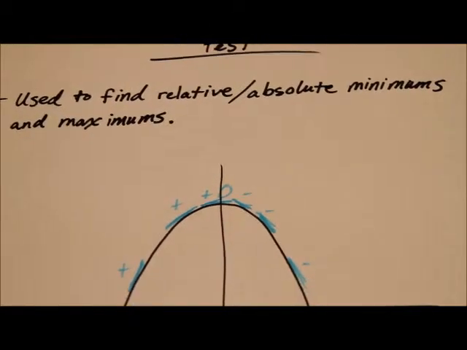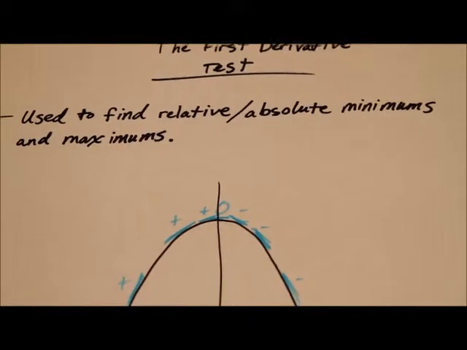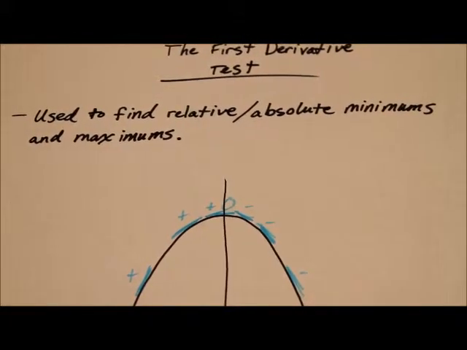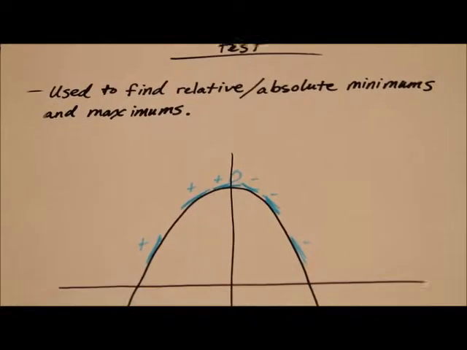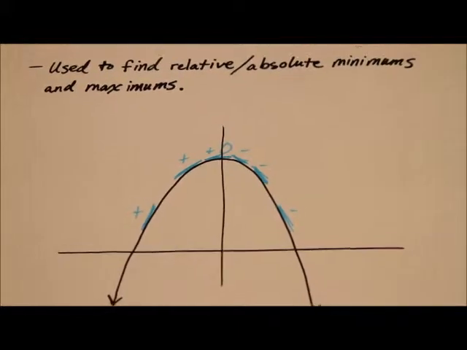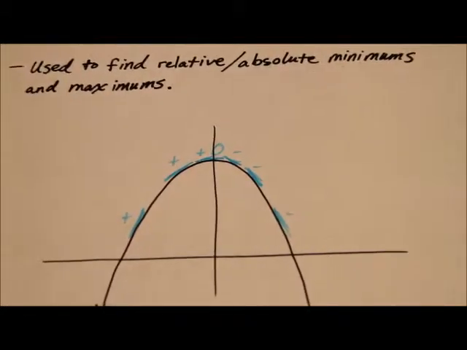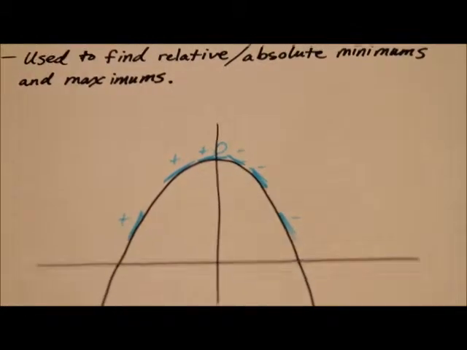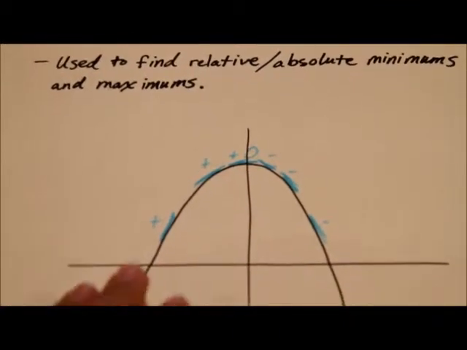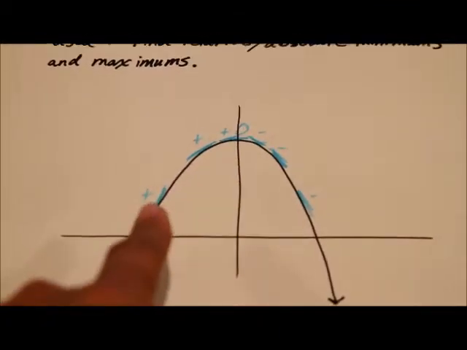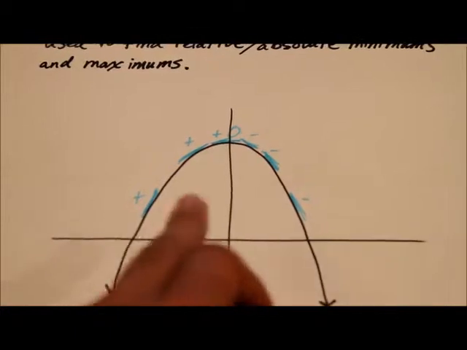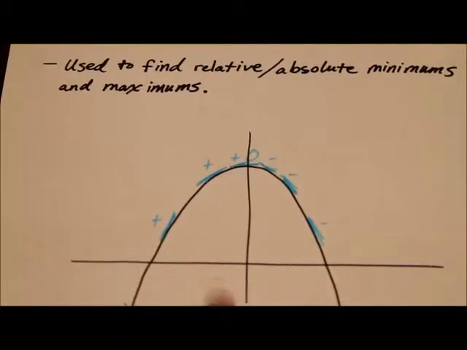So, starting with the first derivative test. The first derivative test is used to find relative or absolute minimums and maximums of any given function. Now we can do this, as we can see by the sketch that I drew out here. Essentially, as a function increases, the slope's also going to be positive. The blue lines are the tangent lines, the black lines the graph itself.